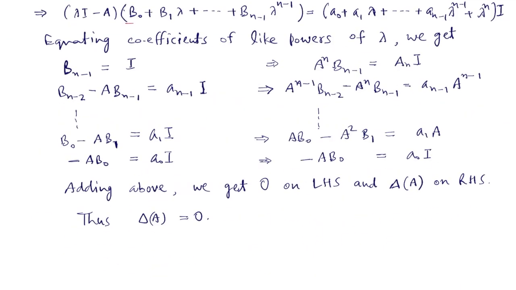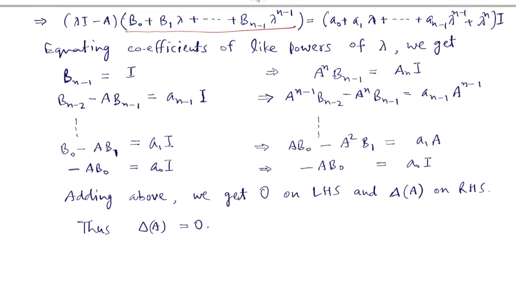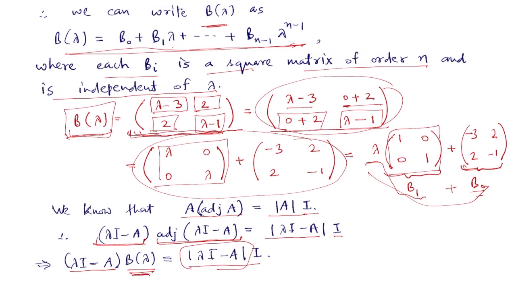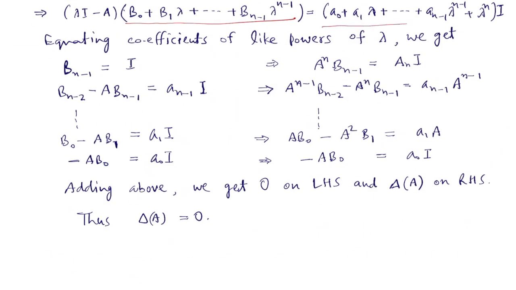So putting the value of B(lambda) here, we get this one, and on the right hand side we have the determinant of (lambda I minus A), that is the characteristic polynomial of A, which is replaced by this one, times I. So now these two sides are polynomials in lambda, matrix polynomials. So these two must be the same. So each coefficient of lambda must be the same.